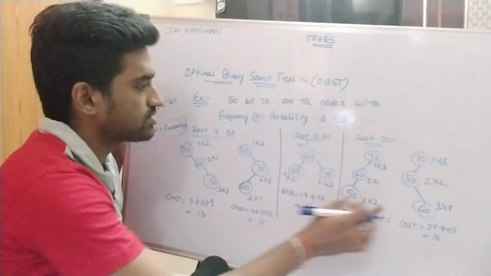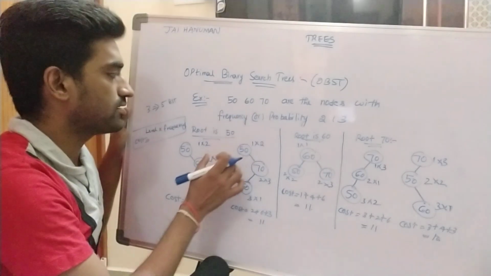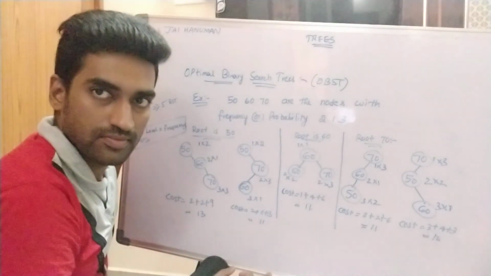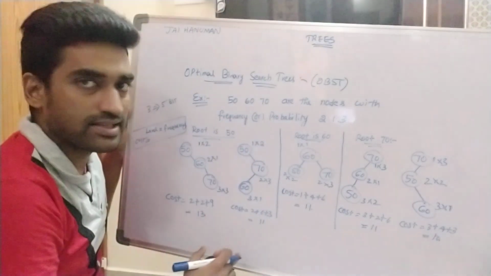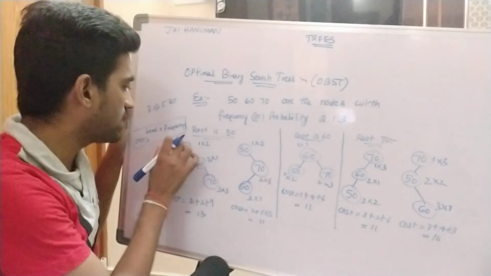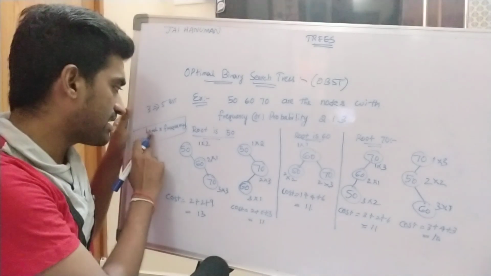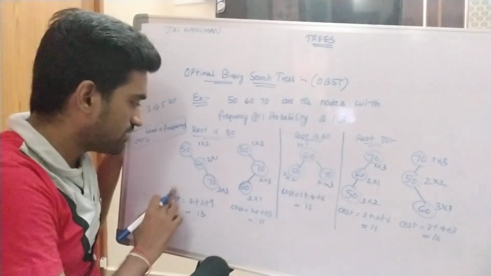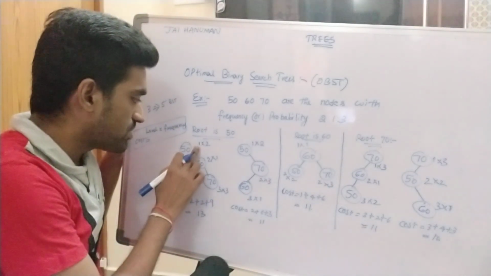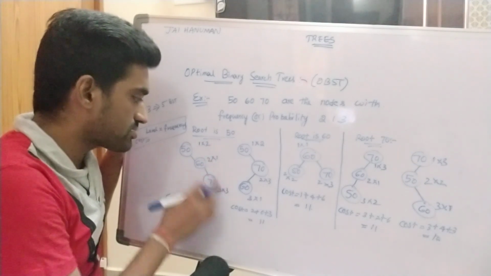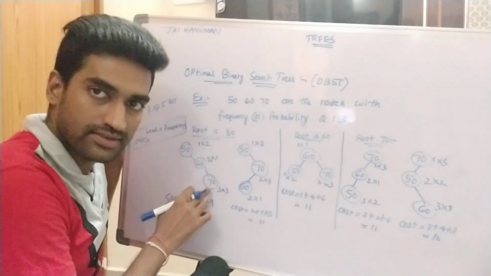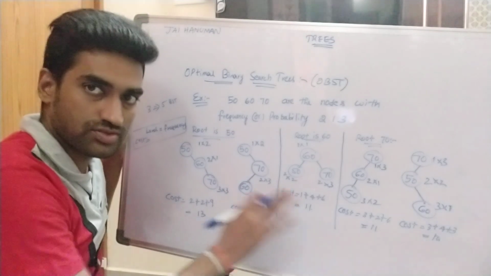This is a simple example. Here we are mainly concentrating on how to calculate the cost of a node, level into frequency. Then by summing all the costs of the nodes, we get the cost of a binary search tree.